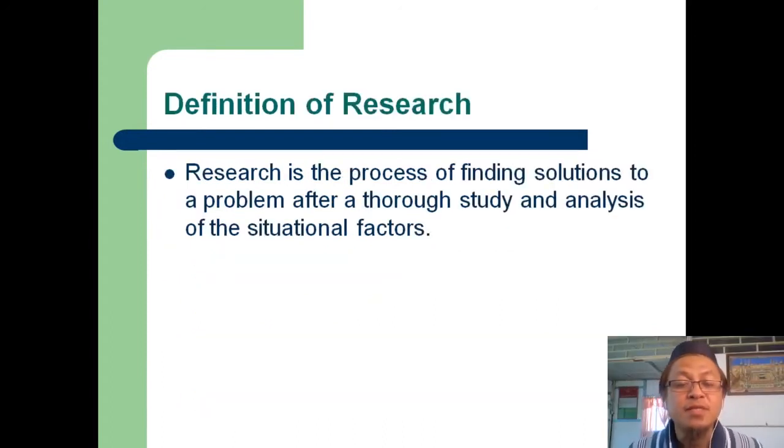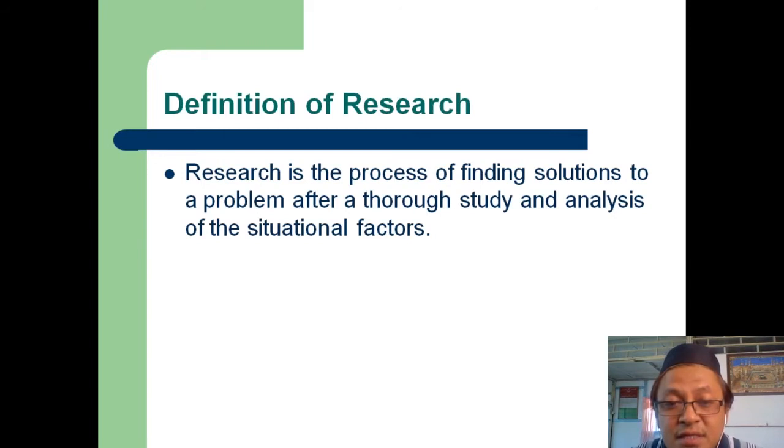Okay, the first one, definition of research. Research can be defined as the process of finding solutions to a problem after a thorough study and analysis of situational factors. In this definition, there are several terms that require elaboration. The first one is process. When we talk about process, it involves several activities.